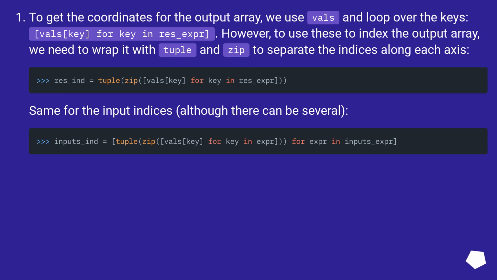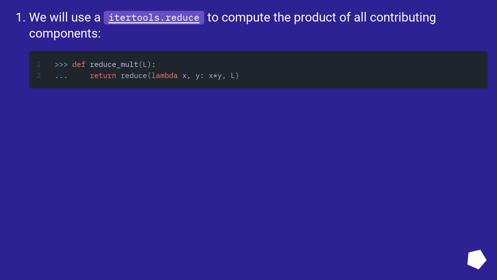To get the coordinates for the output array, we use vals and loop over the keys, vals[key] for key in res_expr. However, to use these to index the output array, we need to wrap it with tuple and zip to separate the indices along each axis. Same for the input indices, although there can be several. We will use functools.reduce to compute the product of all contributing components.